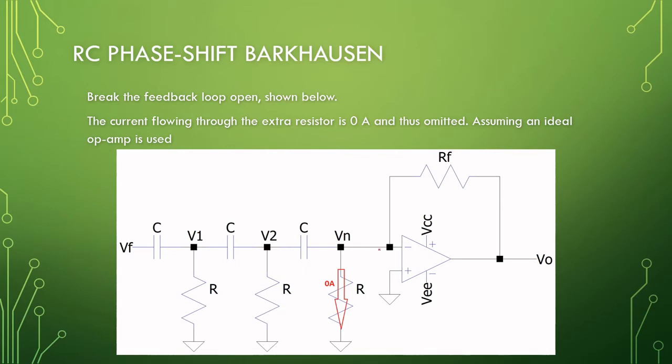So the assumption is that there is no current flowing into the op amp, so no current flowing in this resistor. So technically we can just leave this resistor out and work on the input impedance of this amplifier, which is also infinite. So we leave this one resistor out and we still have 3 RC sections basically. So no current flowing through this resistor, and we can leave it out in our derivation.